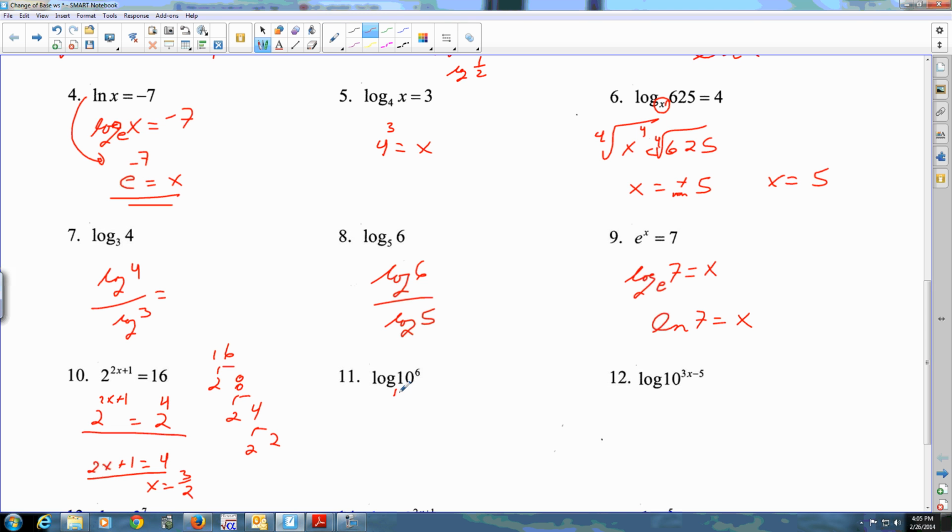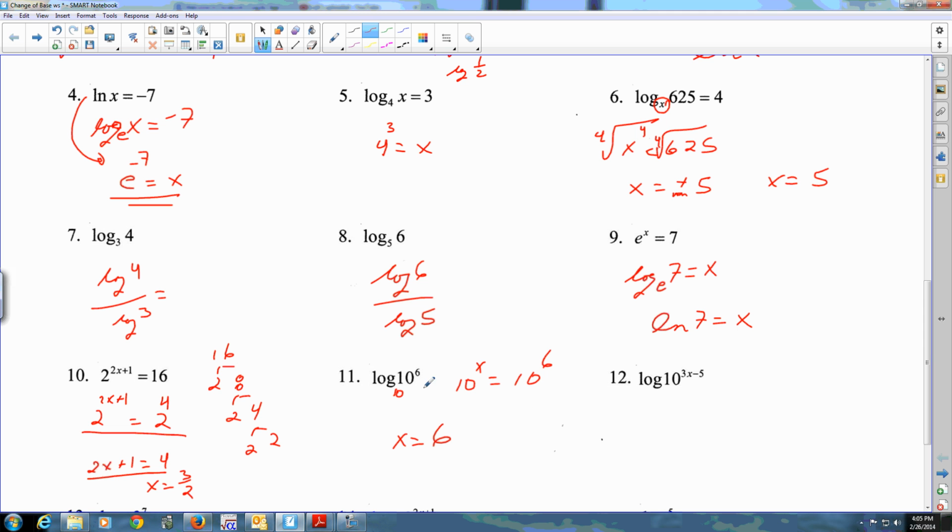That's log base 10. This is saying, what is the exponent on 10 that gives you 10 to the 6? It's saying 10 to what power is 10 to the 6? Oh, x is equal to 6.